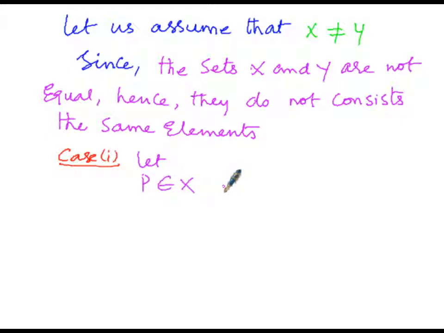Since X and Y are not equal, if an element P is present in the set X, then it need not be present in the set Y, because the elements won't be the same. So let an element P belong to the set X, that is the first set, and the same element P won't be in the set Y, that is P does not belong to Y.